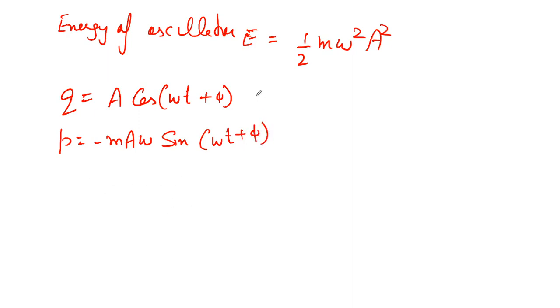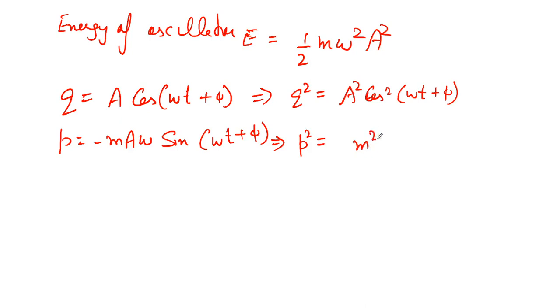If we take the square of this q value, q² comes out to be a² cos²(ωt + φ), and if we square this p value, the momentum squared comes out to be m² a² ω² sin²(ωt + φ).